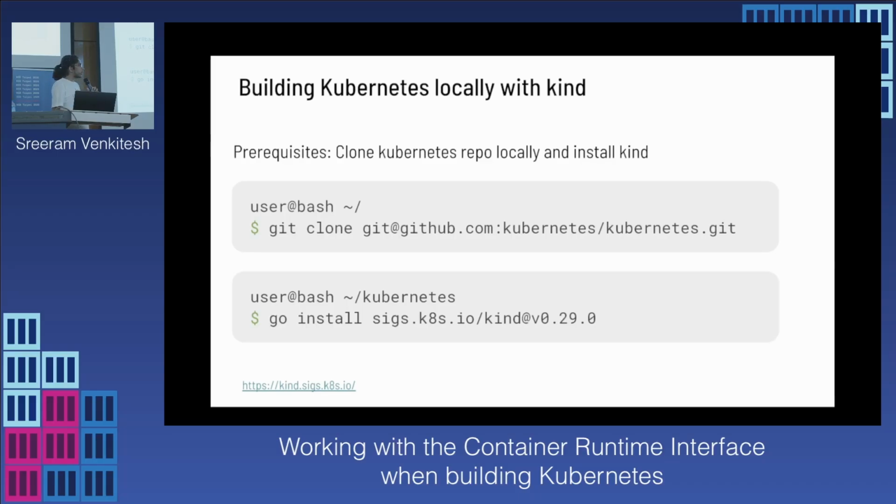So now, with all of that out of the way, we are going to see how all of this works. Before I go into the container runtime part, I want to show you how we can build Kubernetes locally. So what I am going to do here is clone the Kubernetes repo, and I will also install kind.